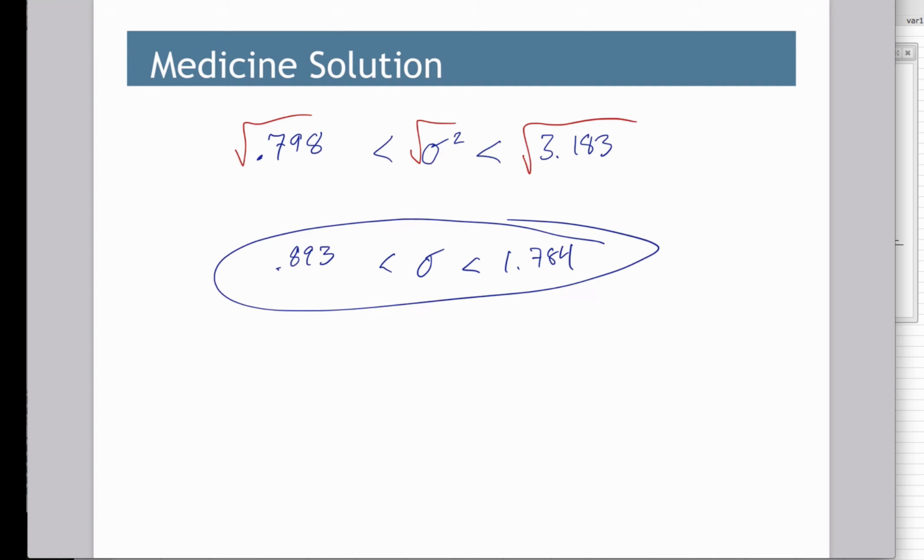So I am 99% confident that the population standard deviation is between those two values. All right. So that concludes doing a confidence interval with a variance. So pretty simple. Biggest thing is just remember StatCrunch only uses variances, so be careful.